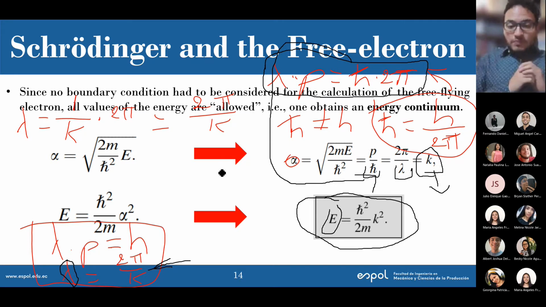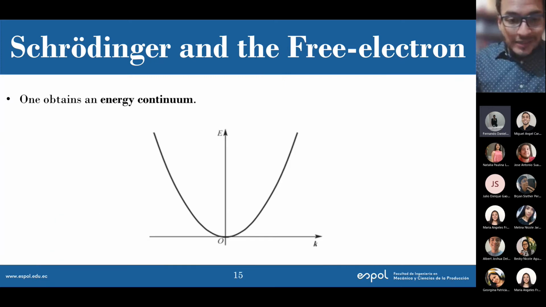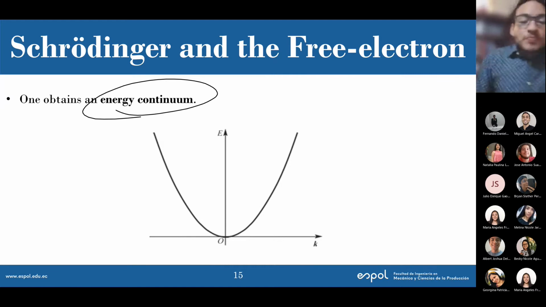That's perfect. Now, is it upwards or downwards? Upwards. Perfect. That's E versus K. This is an energy continuum. No restrictions, no bands. We'll see this for the other case, and you'll see how this changes.